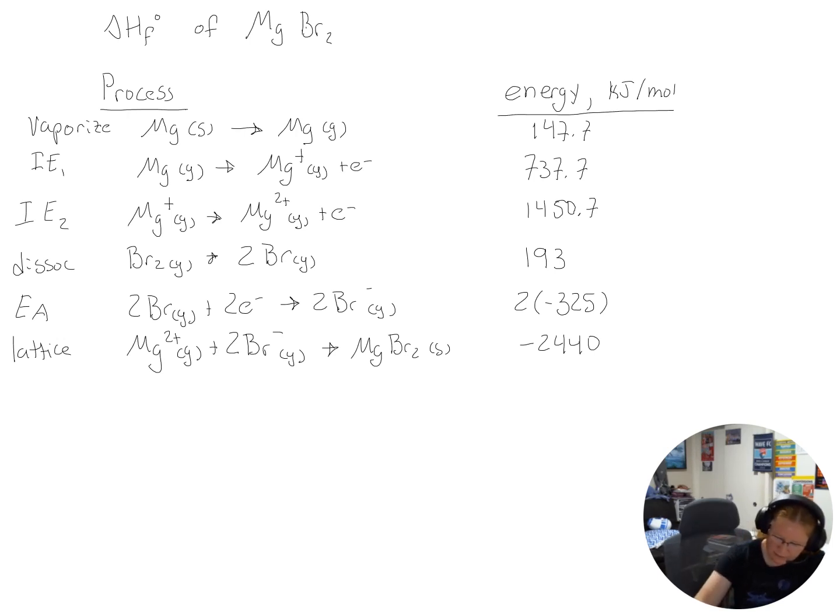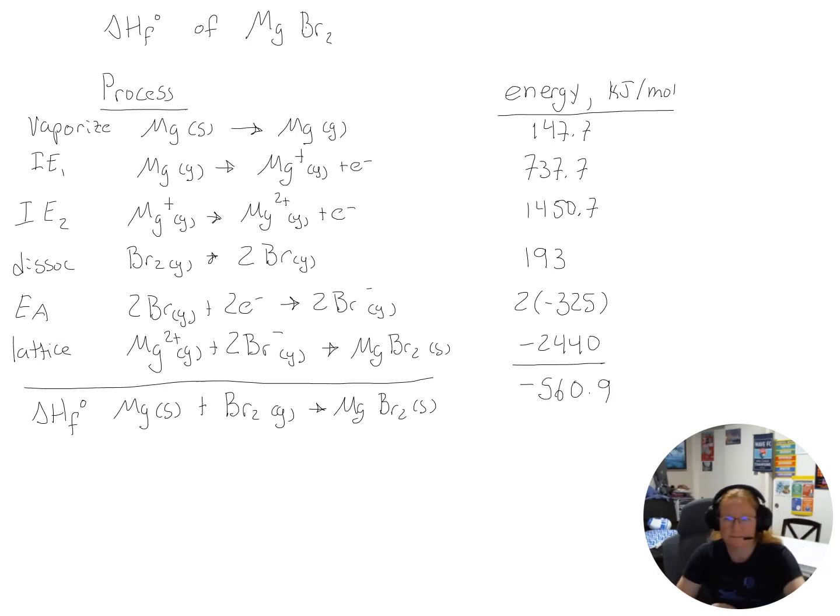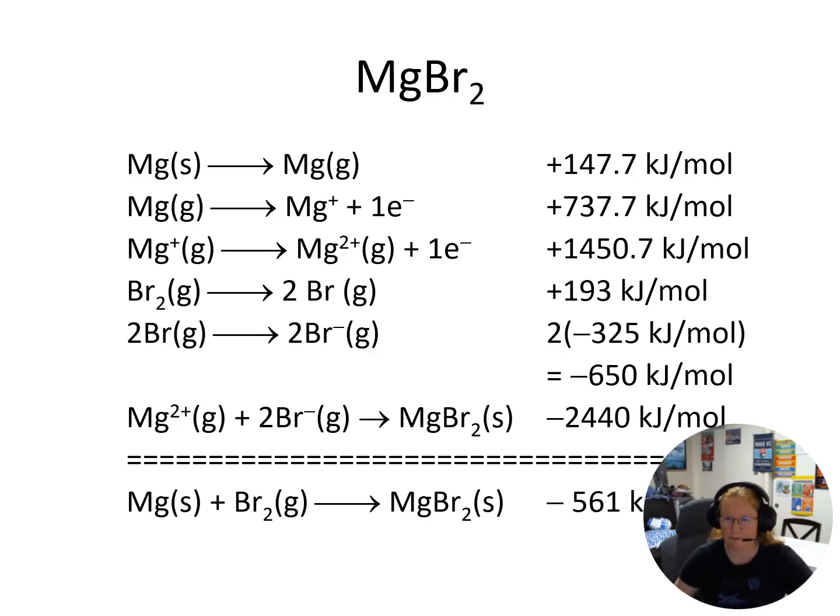All right, so now we're going to look at our delta H of formation, and we're going to get negative 560.9. Okay, so we have to go through each of those processes in order to get our overall delta H of formation. All right, so did we do okay?